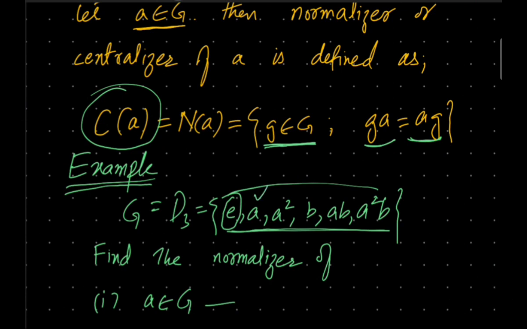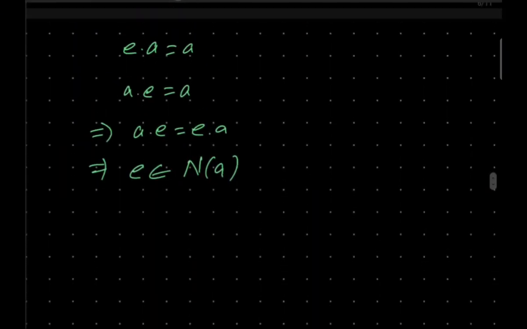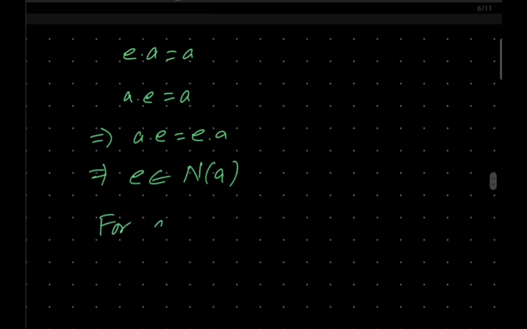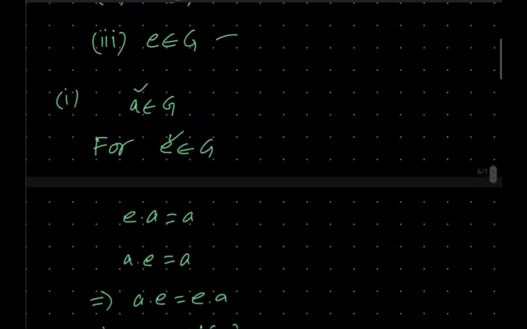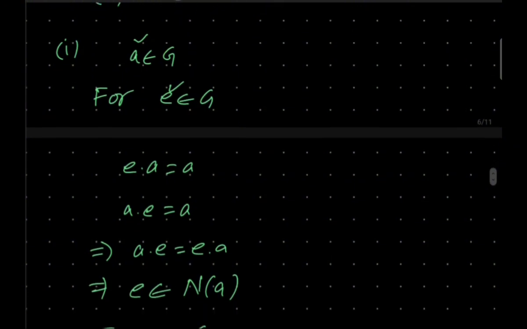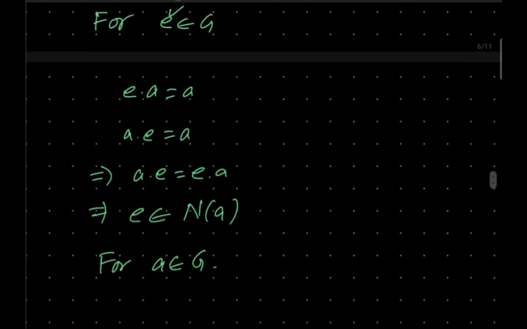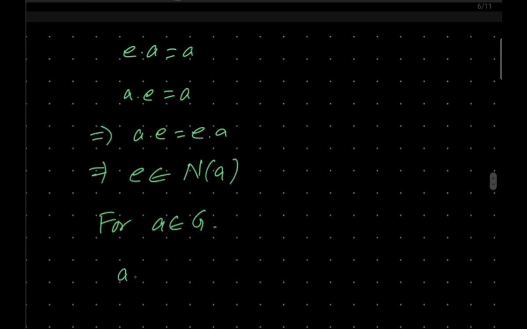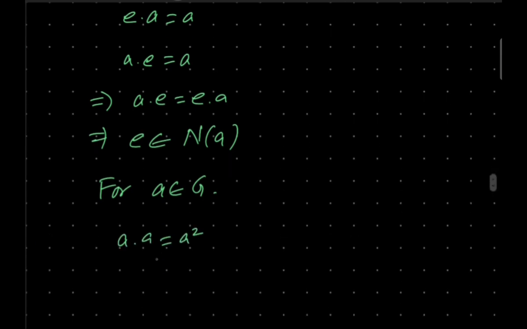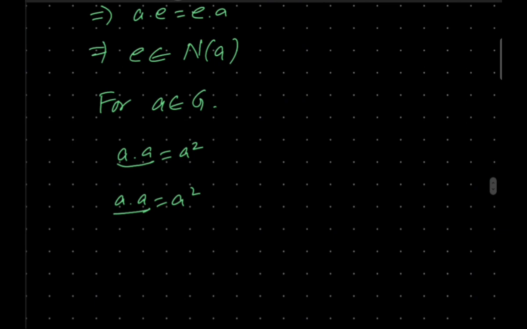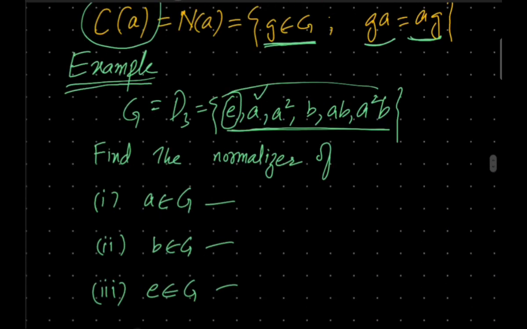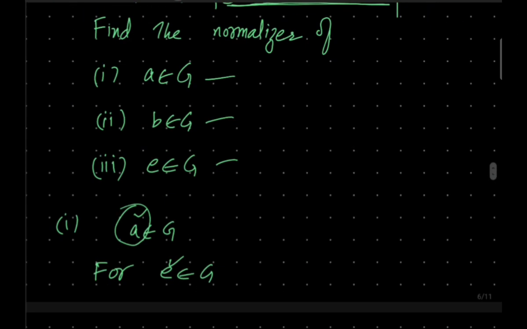Okay, now check the second one. For a belongs to G, you want to check whether a commutes with this a or not. You can see that a times a is a square and a times a is a square. There is no difference. When we commute a and a, we get the same answer. This means a also belongs to the normalizer of a. Now check this for a square.